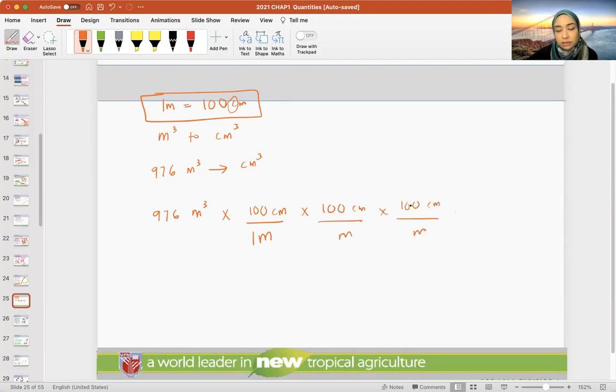When I do this 3 times, then only when I cancel out 1, 2, 3, the 3 m's cancel out and I am left with 1, 2, 3, and this becomes centimeter cube.